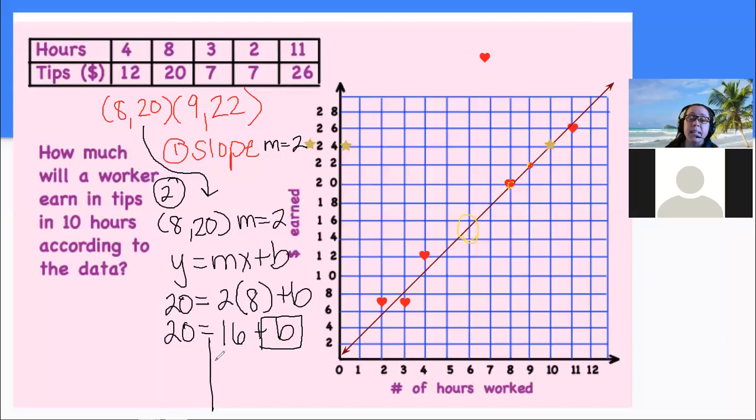Minus 16. Thanks, Ava. Yeah, we would subtract 16. So we would get 4 equals our y-intercept.